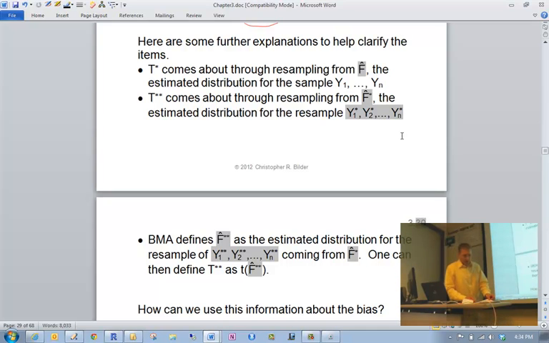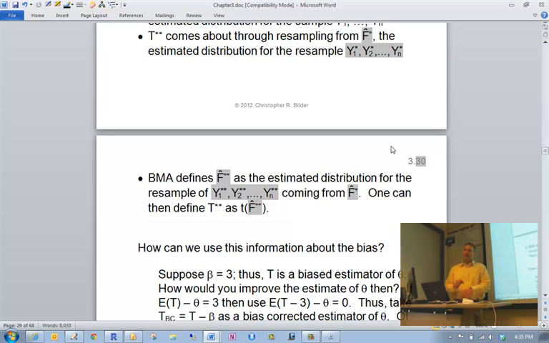Here's one of my places of review. Again, T star comes about through sampling from F hat. T star star comes about through resampling from F hat star, which is the estimated distribution for the resample Y1 star through Yn star. Now, this is sometimes confusing, but if you don't want to be confused, don't listen here.